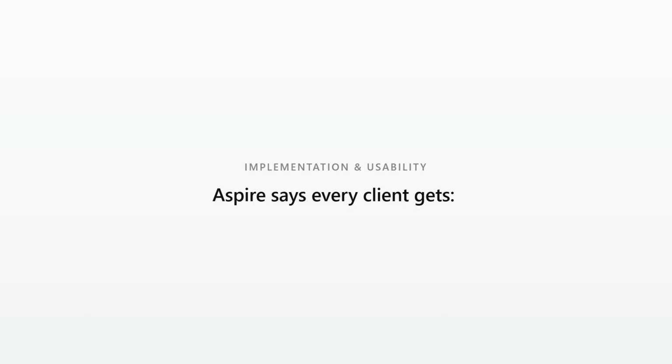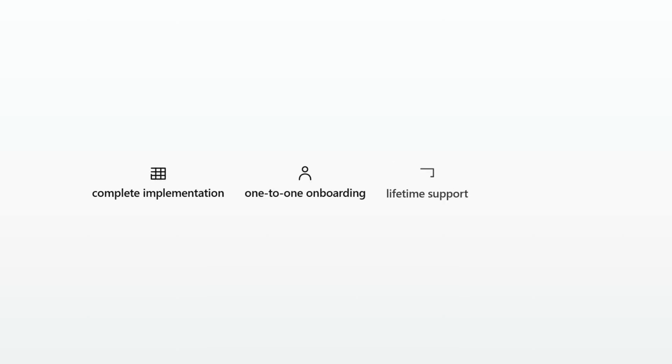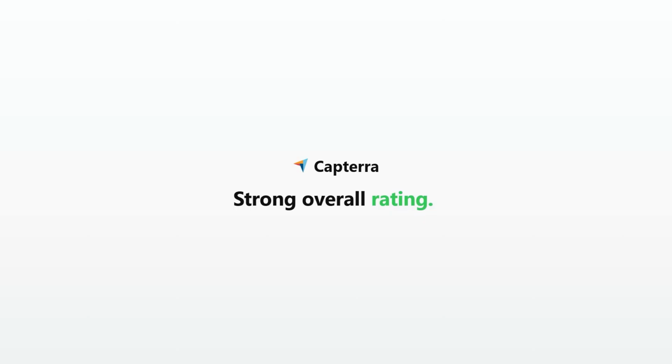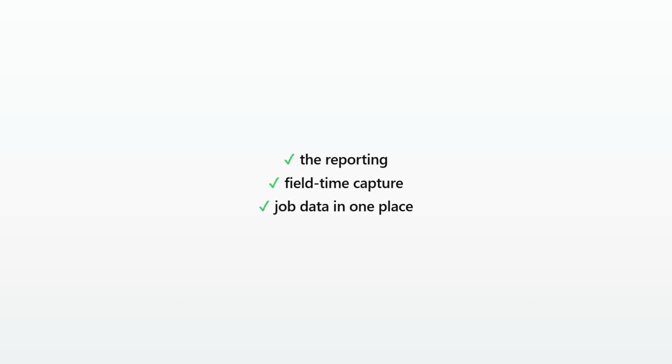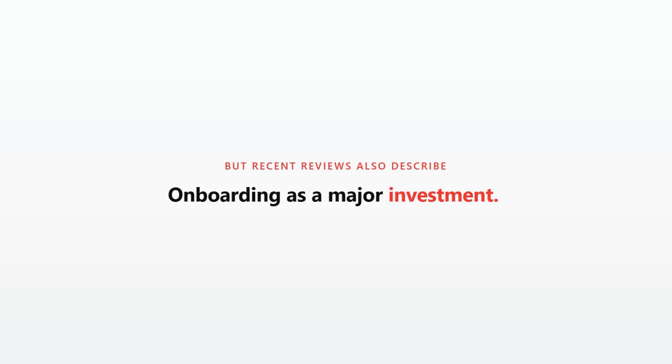Now the honest part: implementation and usability. Aspire says every client gets complete implementation and training, one-to-one implementation, lifetime support, and unlimited ongoing training. Independent review evidence is mixed. Capterra shows a strong overall rating, and reviewers praise the reporting, field time capture, and having job data in one place. But recent reviews also describe onboarding as a major investment, with unclear setup, clunky processes, and a lot of work required from the customer's own team.